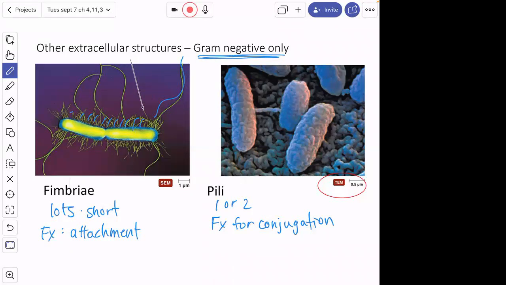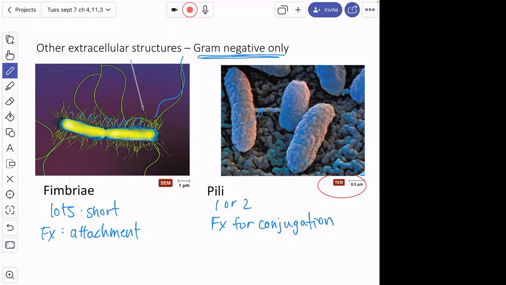Okay, and we now know that the DNA doesn't pass right through the pilus. Basically, the pilus just is a way to bring those two cells together, and then a pore opens up between them. Okay, so we're going to talk more about that later, but usually there's only one or two.